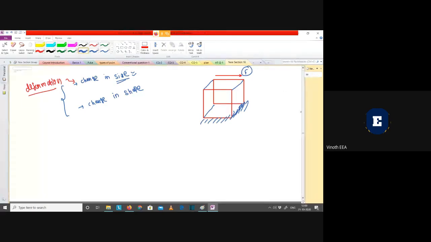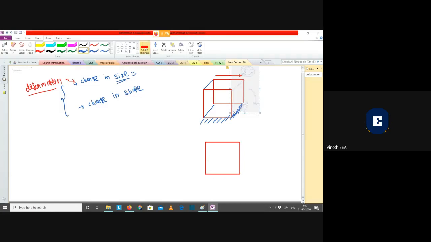I will show you a two-dimensional figure. Initially the front view will look something like this, but after application of this force, it will look something like this. I hope you understood how it looks initially and finally.